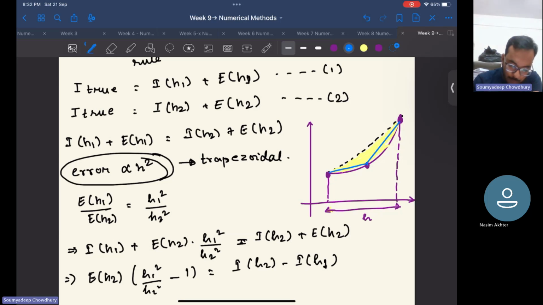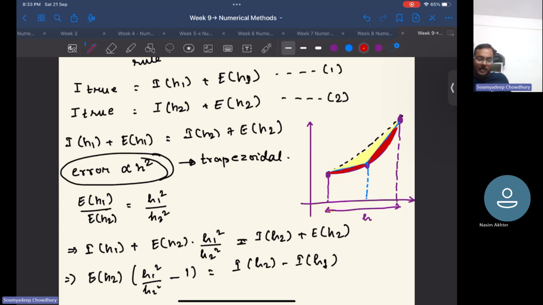Now if you find out the errors, can you tell me what the errors are now? The errors are this area and that area, small areas, not the whole yellow area. So this is your new error now, the sum of these red areas, right? So you can see clearly that if I reduce h, then your error is reducing.